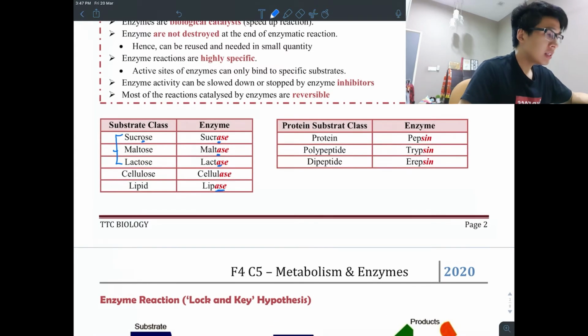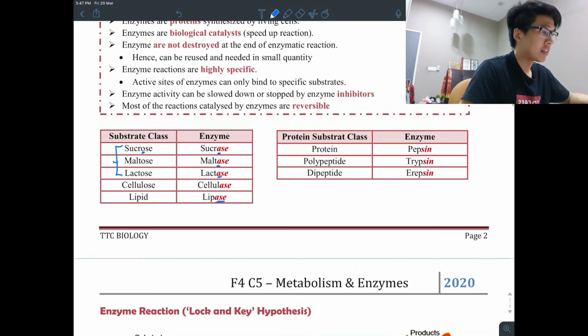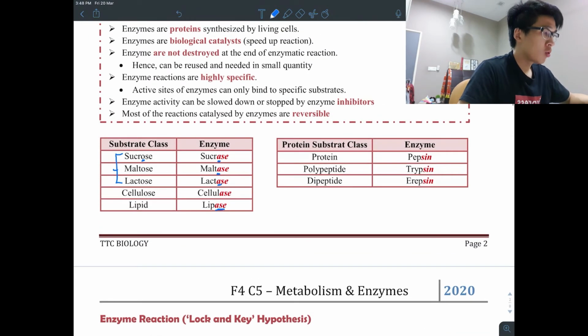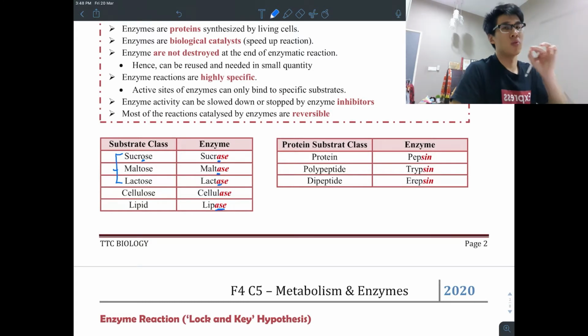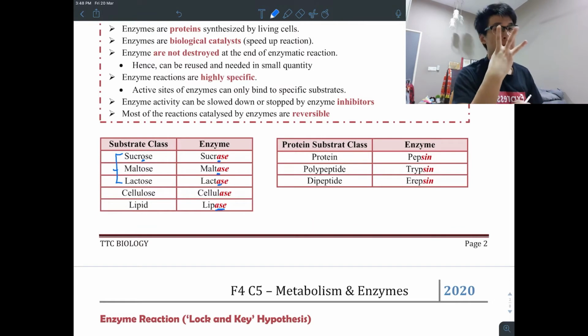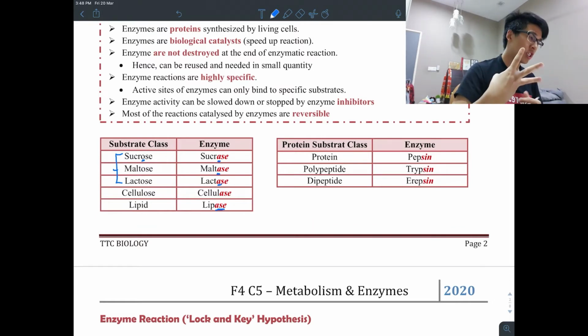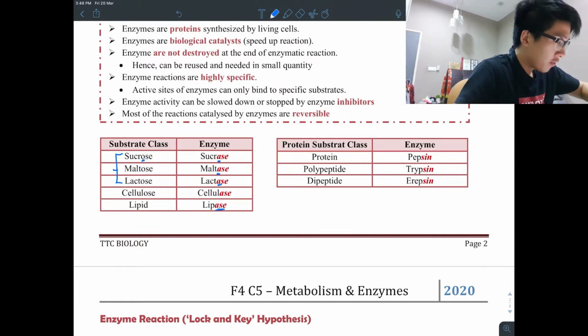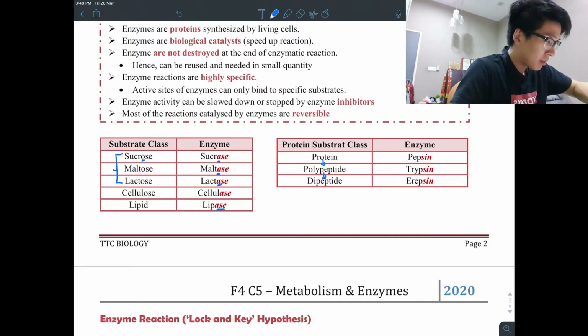Now, the right hand side, these are the proteins. If you remember your digestion chapter from last time, and also in chapter 4, protein is digested 3 times. It is broken down 3 times. The first time it becomes polypeptide, the second time it becomes dipeptide, and the third time it becomes amino acid.